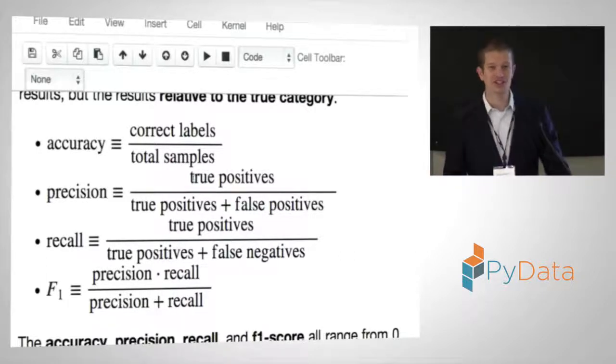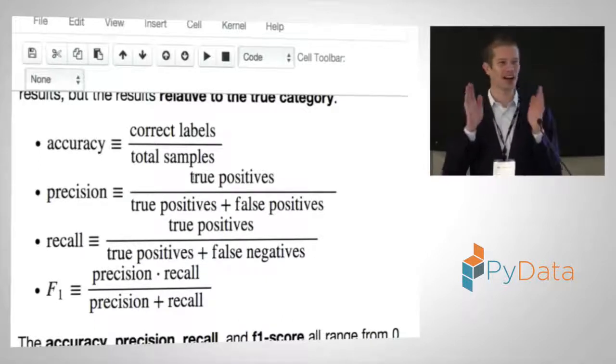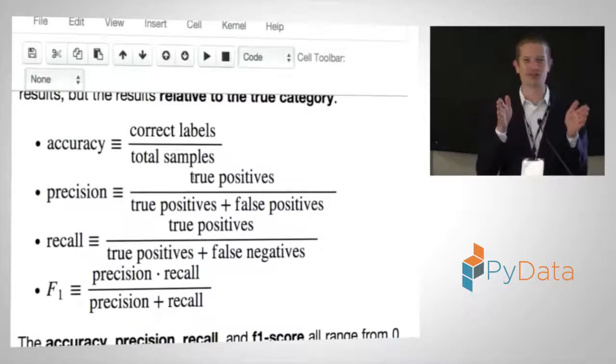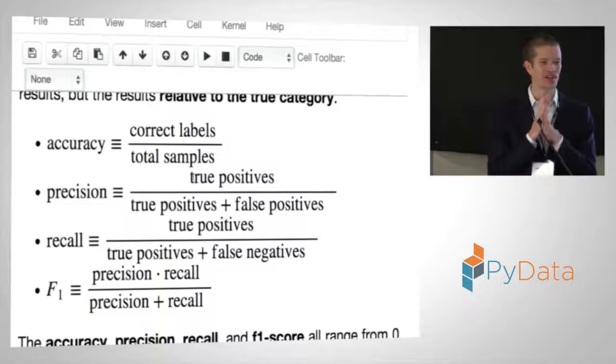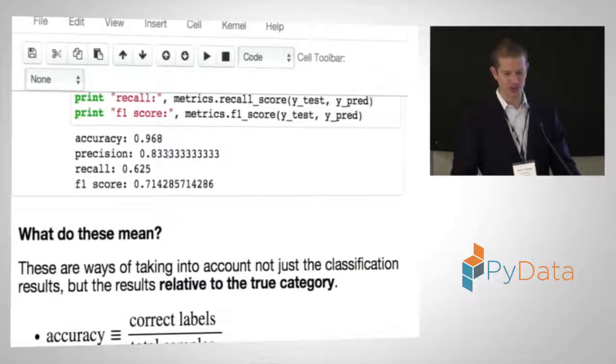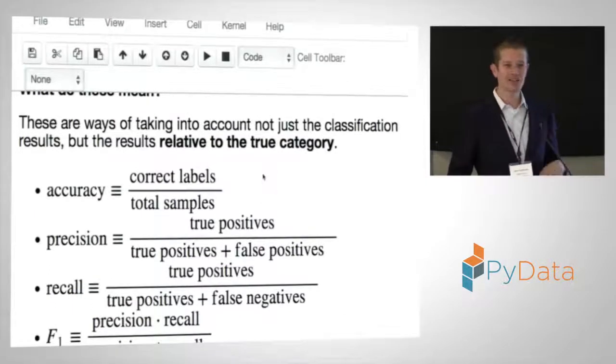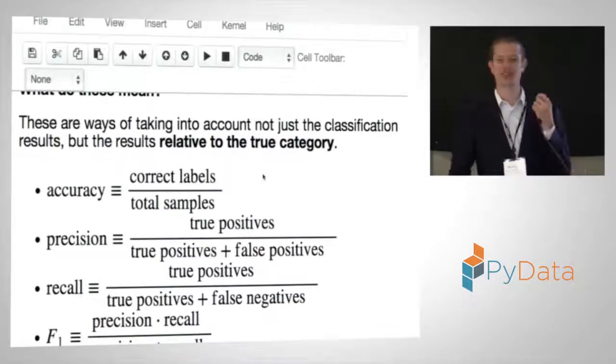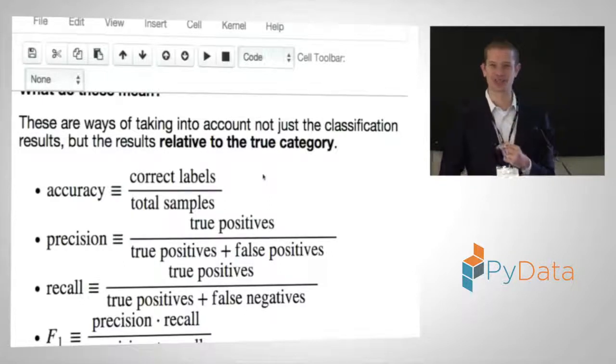The precision tells you how many of those items labeled rare star are actually a rare star. And in our case here, the precision was 83%. So that says out of all the items that are labeled 1, 83% of them are actually number 1.